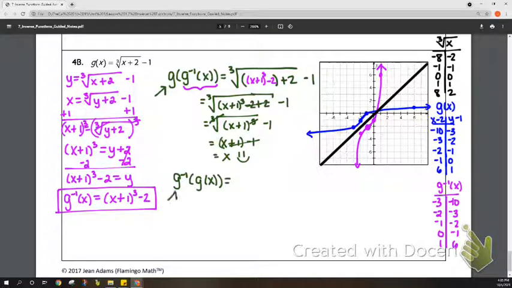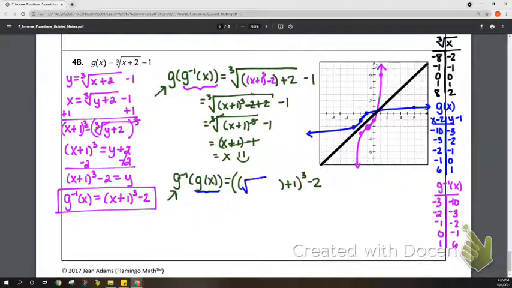So remember, the inverse is on the outside, so it's our skeleton. So it's x plus 1 cubed minus 2. And our g of x is what's on the inside, so we're going to go and plug that in.